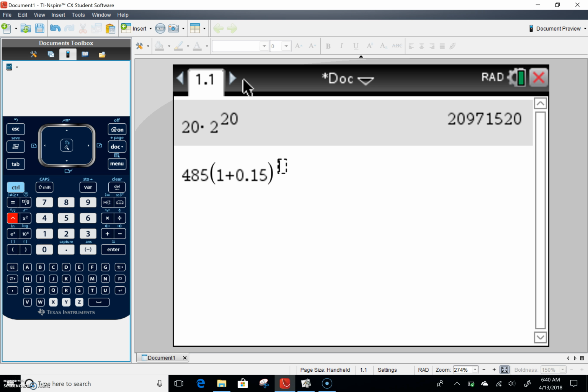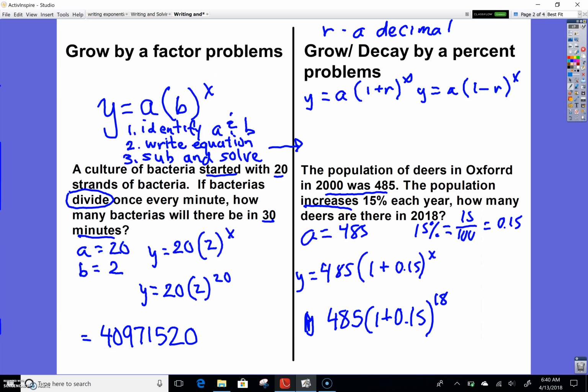Okay, and I want 18 years, so the population would be 6,002. Okay, moving on.